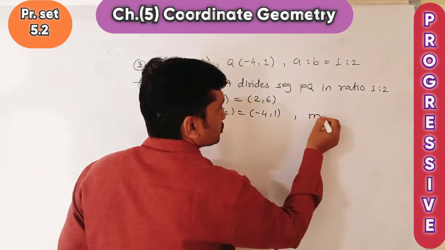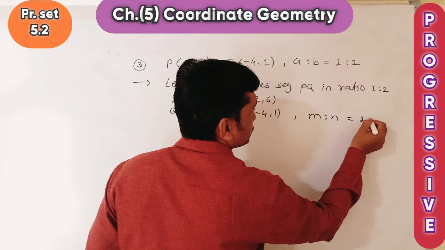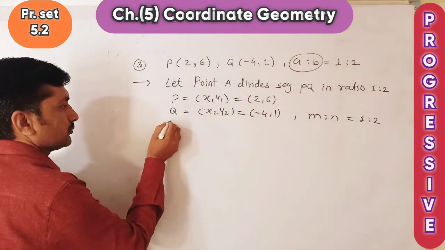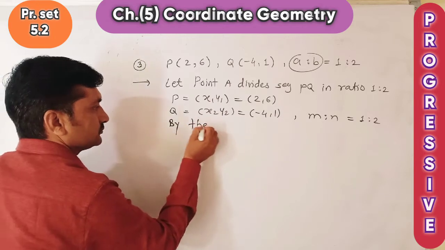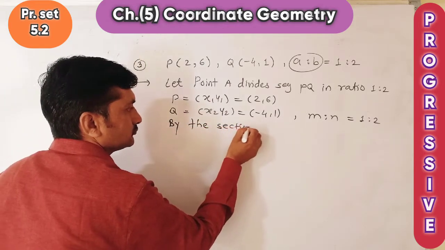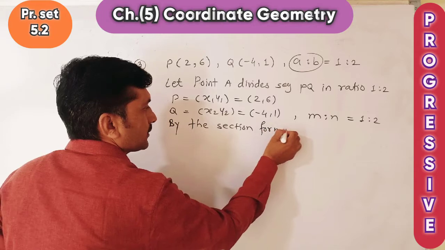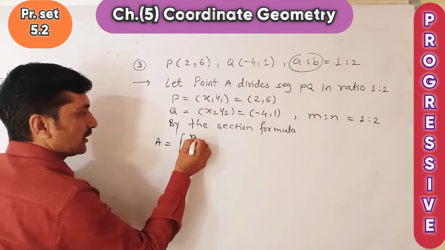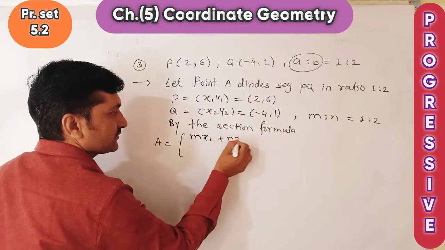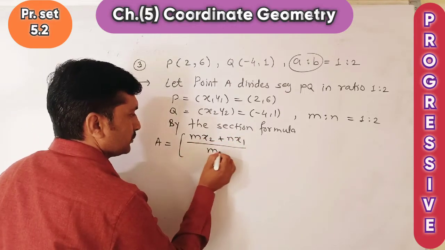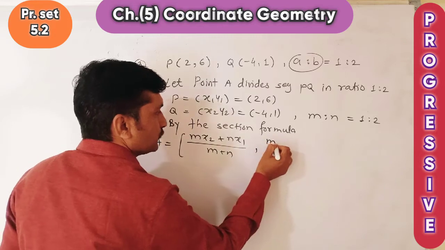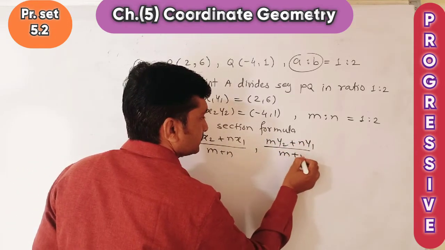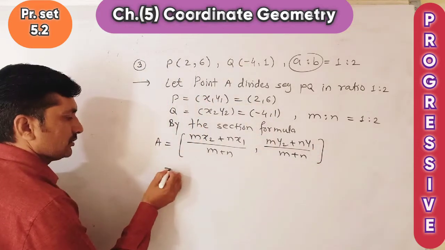And the m to n ratio is given as 1:2. This is m:n. By the section formula, A is equal to, in brackets, (mx2 + nx1)/(m + n), (my2 + ny1)/(m + n).